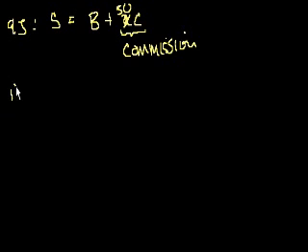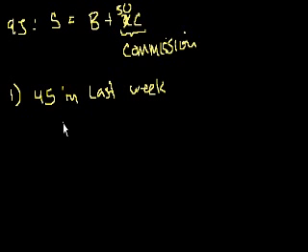So statement number 1 tells us last week 45 items were sold. So 45 in last week. That alone doesn't tell me much, right? Because I don't know how much he made last week. Statement 2. Last week's salary was $405. Well, does this help me still?